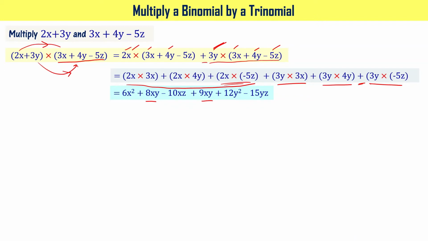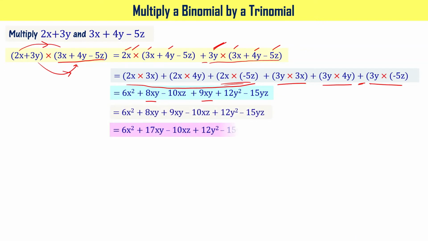There are no other like terms, right? We'll be adding these two, 8xy and 9xy. Rest of the terms are kept as is, right? When you do that, you get 6x square plus 17xy minus 10xz plus 12y square minus 15yz as the answer.